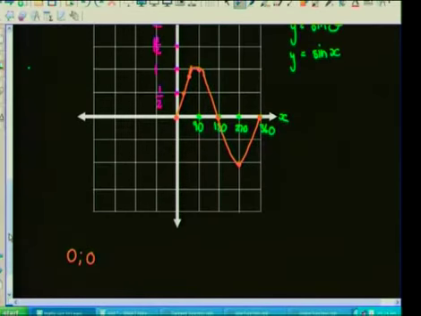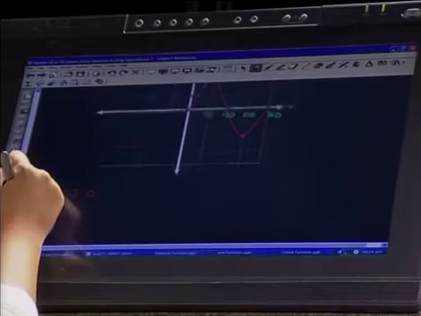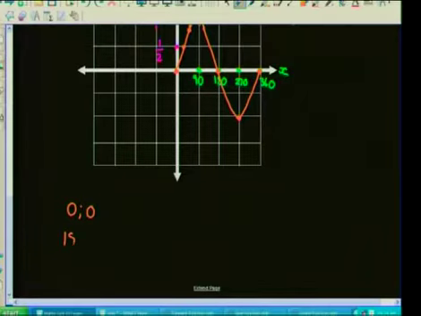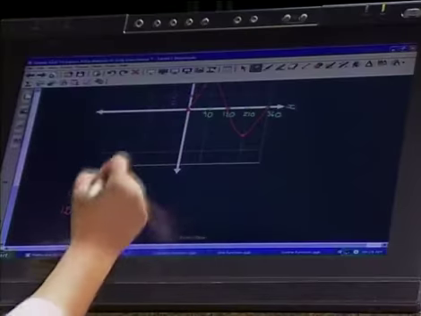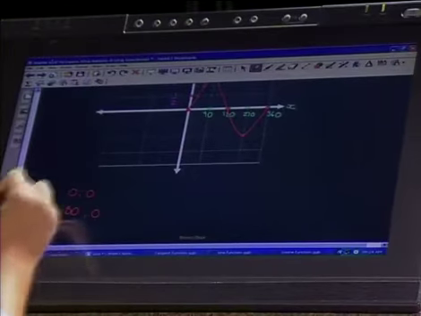So if we have a look there, this is cutting our x and y intercept. Here is another intercept. This happens to be an x-intercept, and our x is 180 degrees. Remember, these are degrees. That's just the value. So 180 and 0 again.